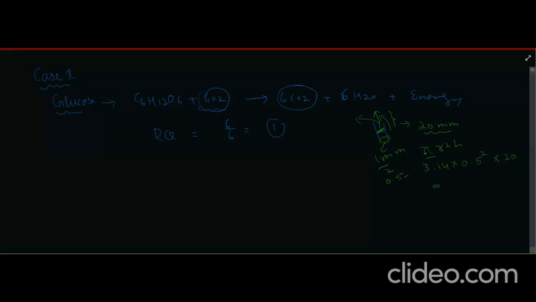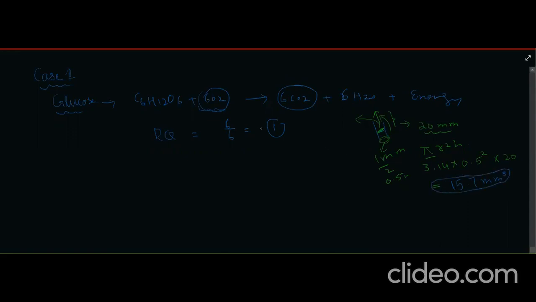So in case of glucose, this volume will be the same as that of carbon dioxide. This value we got is approximately 15.7 millimeter cube of oxygen utilized.